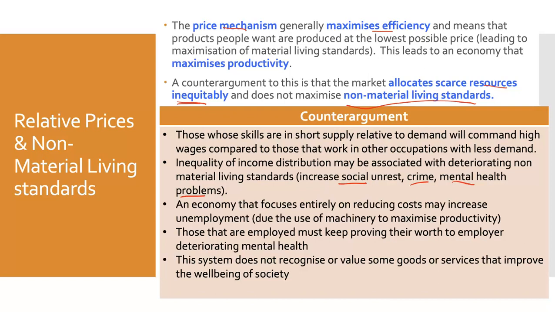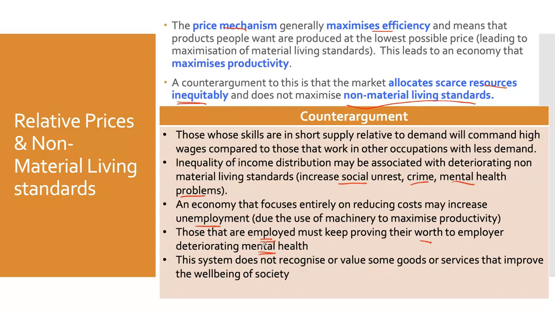An economy that is trying its best to reduce costs, because remember suppliers are trying to reduce costs, might increase unemployment, which will impact your living standards. And importantly, in this strive to reduce costs, those that are employed might be able to buy lots of material things, but they must keep proving their worth to their employer, so working harder, creating more stress, deteriorating their mental health, reducing their non-material living standards.